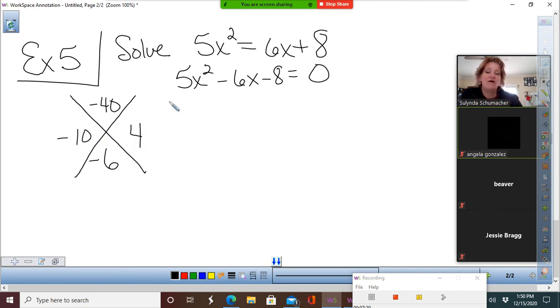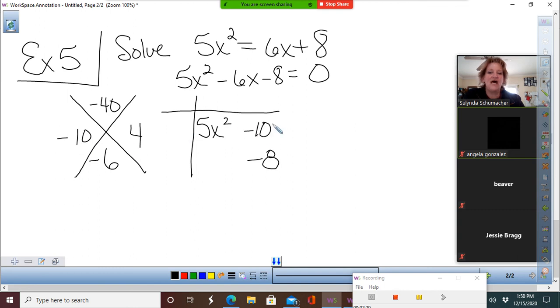But this time, my leading coefficient is not 1, so I have to draw my box, just like we did last night on homework. The first term in the trinomial goes here, 5x squared. Last term in the trinomial goes here, minus 8. My diagonals are the sides of my x, so negative 10x and 4x.